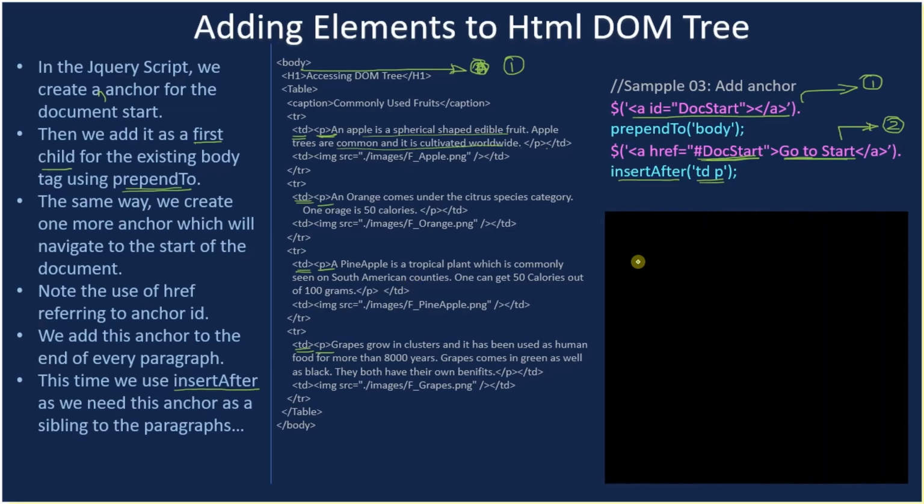So if you look at here, the insertAfter TDP, right, this TDP selection will give us 4 objects, right? 1, 2, 3, 4 objects it will give, and that means we are telling it to create this new anchor element at the end of all these found paragraph elements, right?